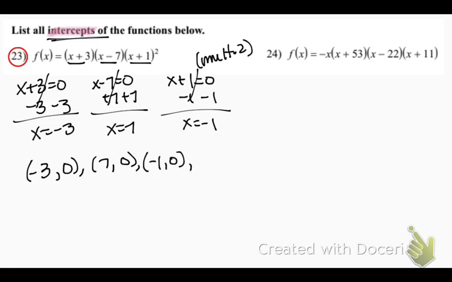Number, comma, 0, and this one has 2 of the same thing. Don't square it, that's no good. You can write multiplicity 2 or write it twice. On number 24, will there be an origin root as the 0? Yes. It's going to be right here since there is an x factored out, and you're going to finish solving it the same way.